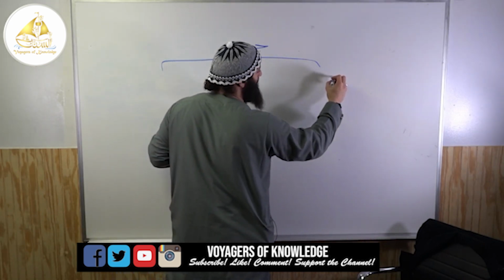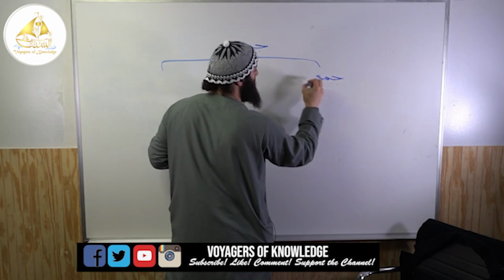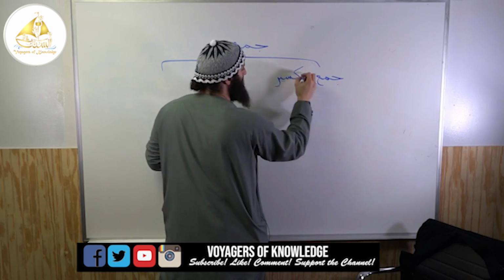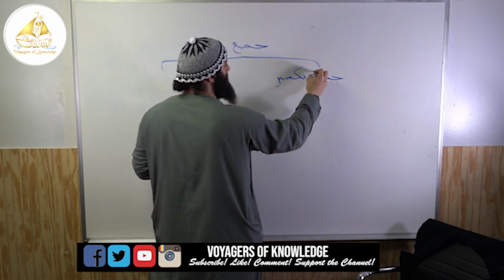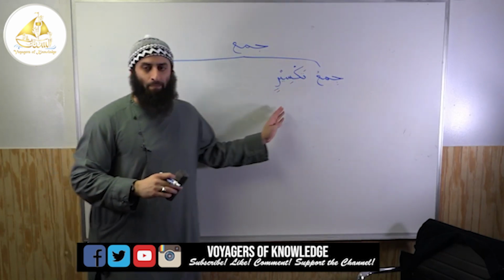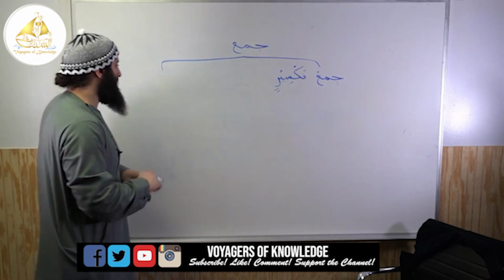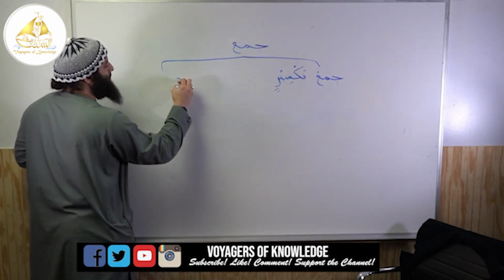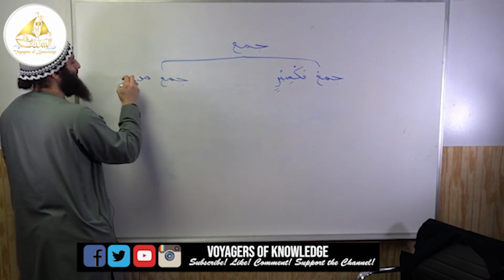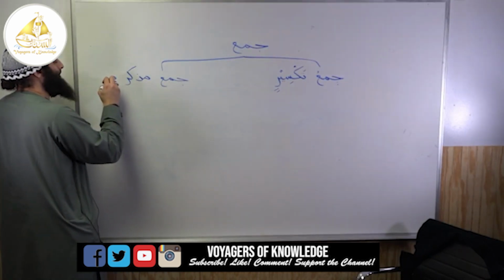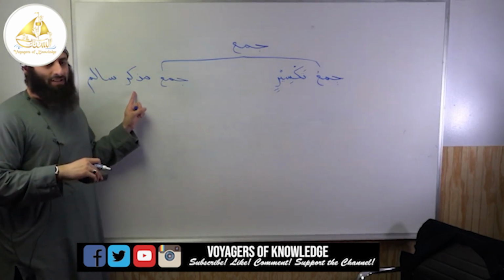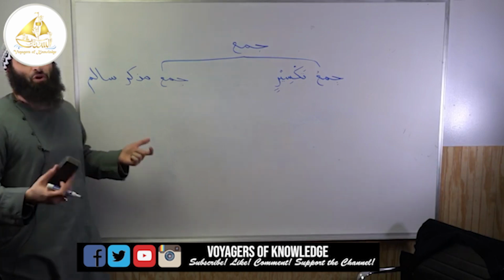So we have jam'u taksirin, which means broken plural, right? And we have jam'u mudhakkir salim. All right, plural, masculine, sound, meaning not broken.